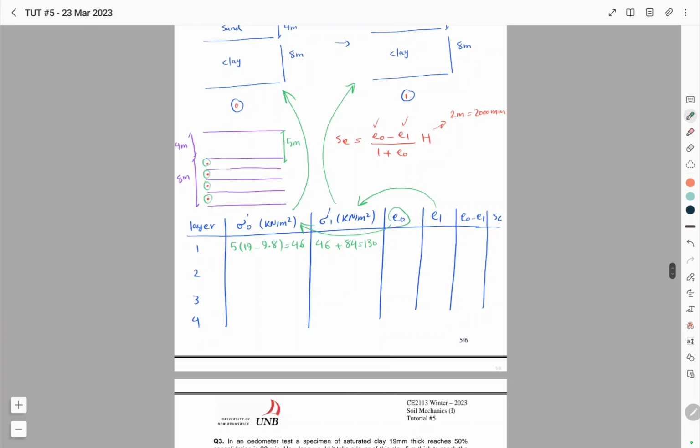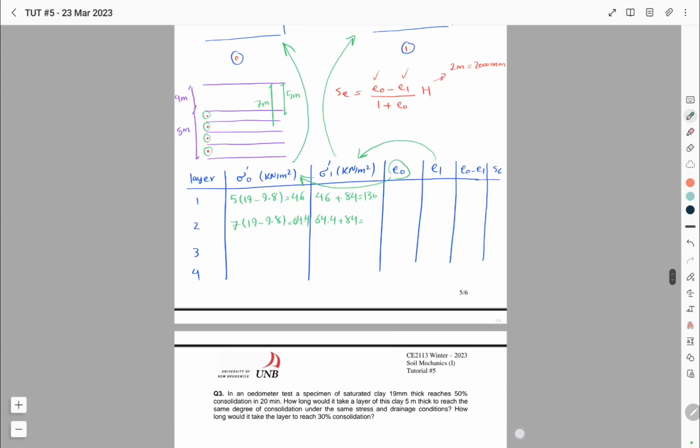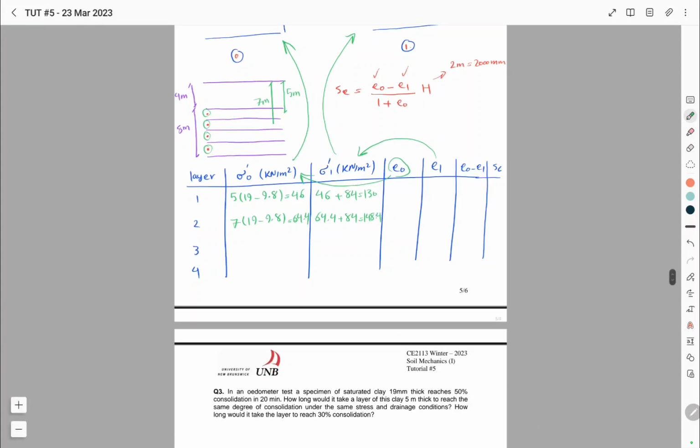For the next layer, we are at a depth of 7 meters, and the value is equal to 64.4, and this is 64.4 plus 84, which is equal to 148.4.